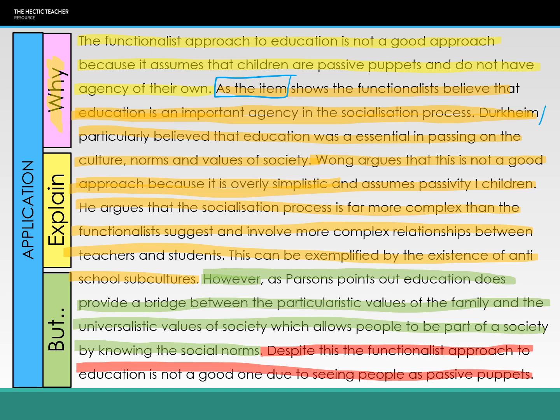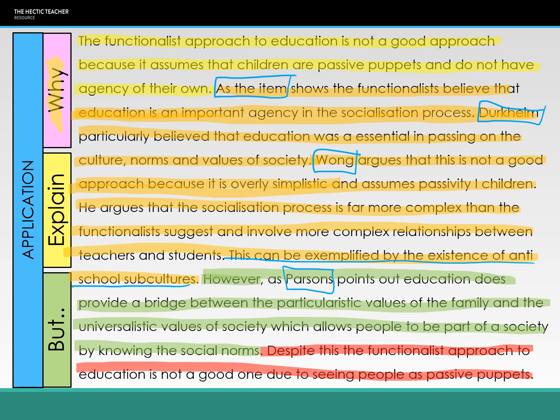I've also got key thinkers: Durkheim, Wong, and that is correct, his name is Wong, I haven't spelt it wrong, and Parsons. I've also got an example, the existence of anti-school subcultures. So in this item, I've managed to get three elements of application. You don't need that much in every paragraph.